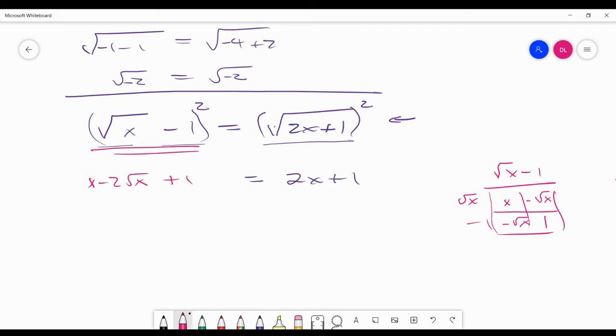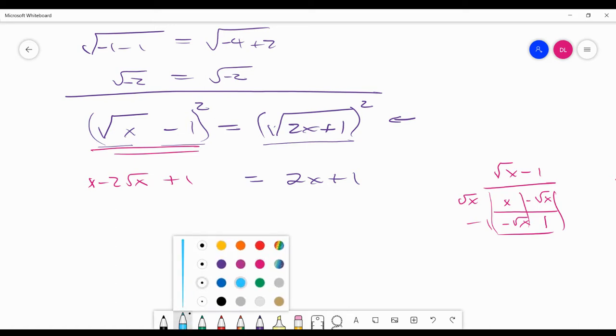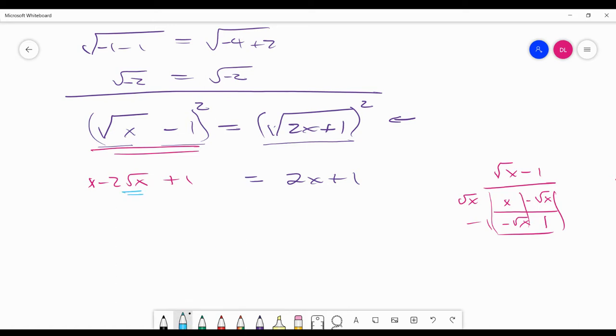So let's go ahead and manipulate this, because now I'm stuck here, because I have this brand new square root of x I have to get rid of. So what I want to do is work this thing all the way around so I can eliminate some pieces here. So let's subtract 1 from everything. Subtract x from everything.